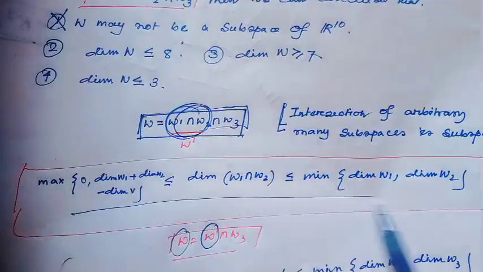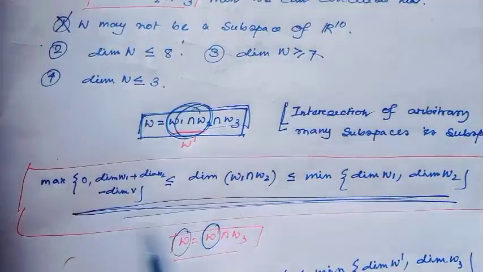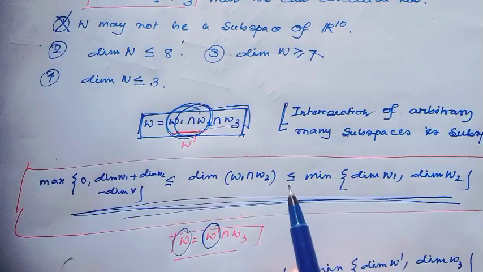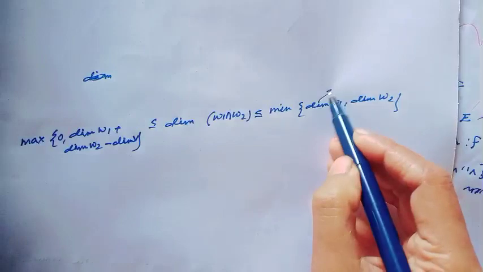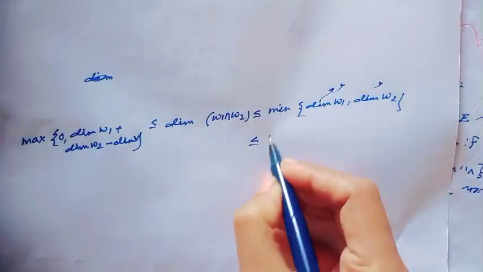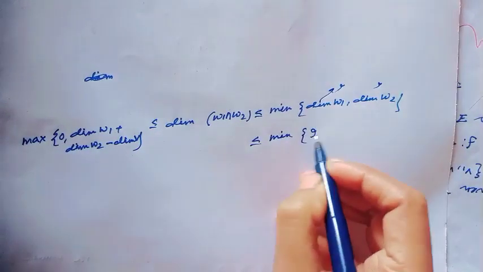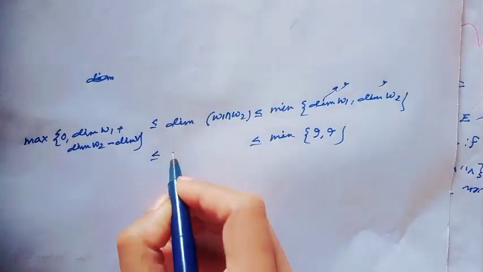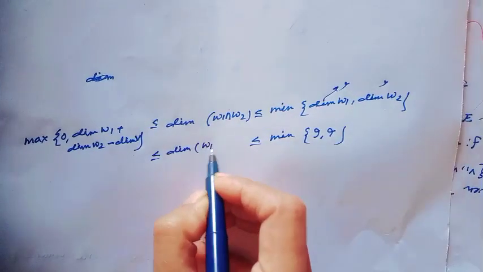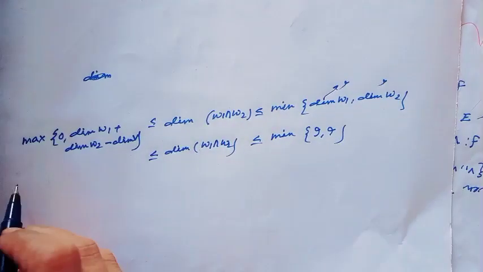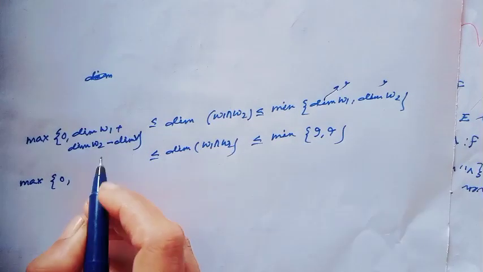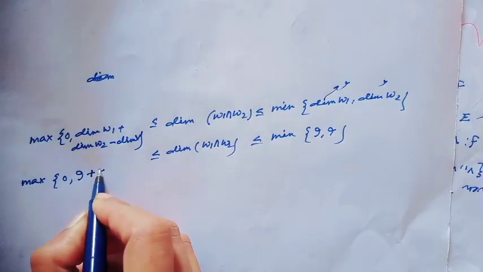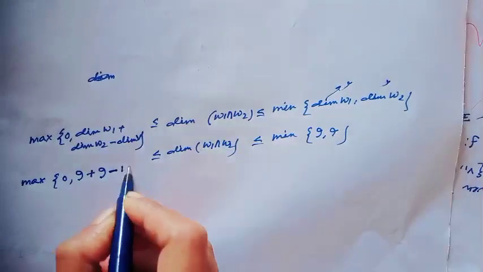Here I will use this theorem to find the dimension of W1 intersection W2. By this theorem, given the dimension of W1 and W2 is 9, this would be the minimum of 9, 9, and this is greater than or equal to the dimension of W1 intersection W2 and greater than or equal to the maximum of 0, comma, dimension of W1 is 9 plus 9, and dimension of the vector space is 10.